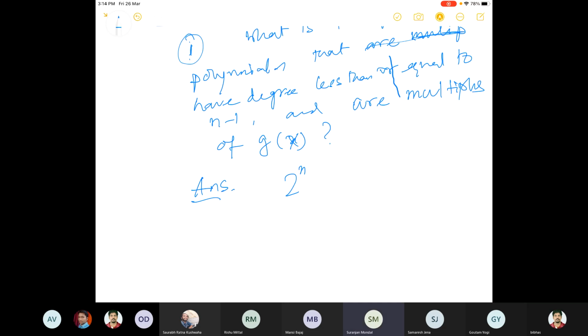Sir, I think it will be like 2 plus 2 squared plus dot dot dot 2 to the power n minus 1 minus r. So what is the total number if you do that?